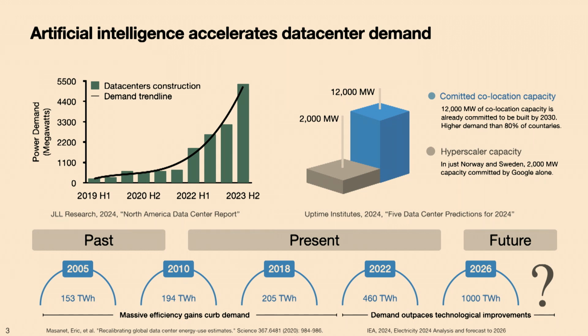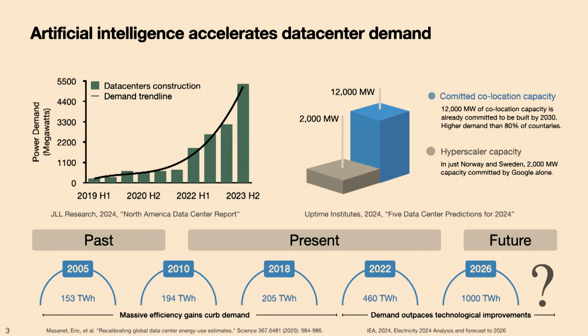So what does it mean for these data centers? If you look at the bottom numbers, from 2010 to 2018, the energy consumption of computing remained relatively constant, increasing only by 6%. The reason was massive efficiency gains, because people moved from on-premise data centers to hyperscale cloud data centers, which were way more efficient.